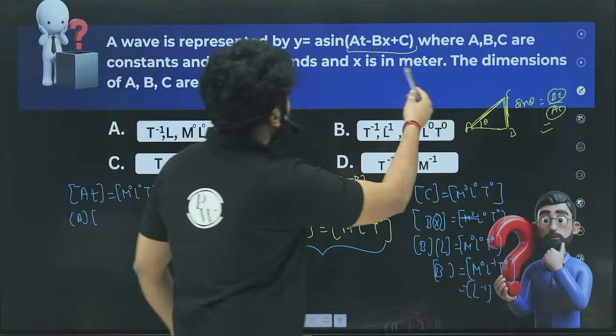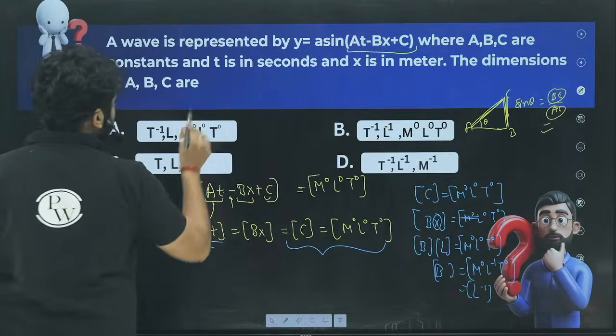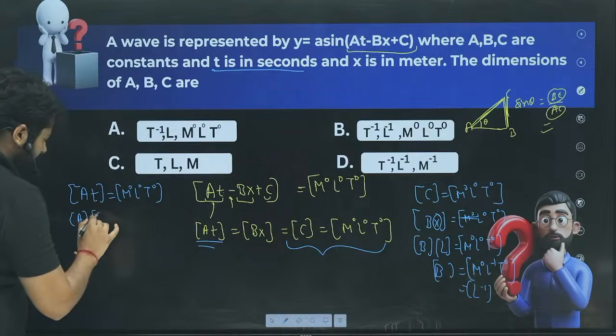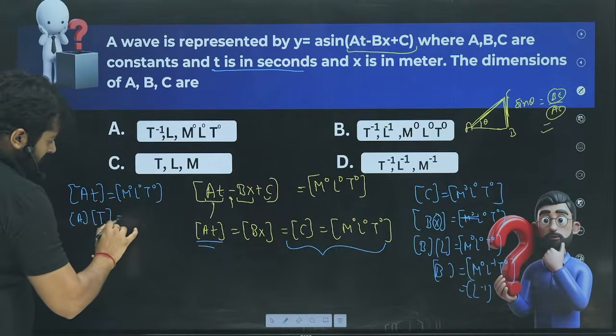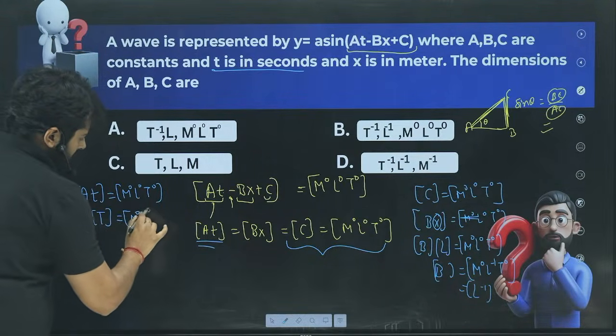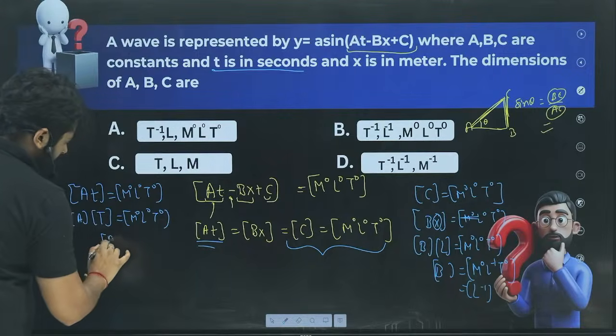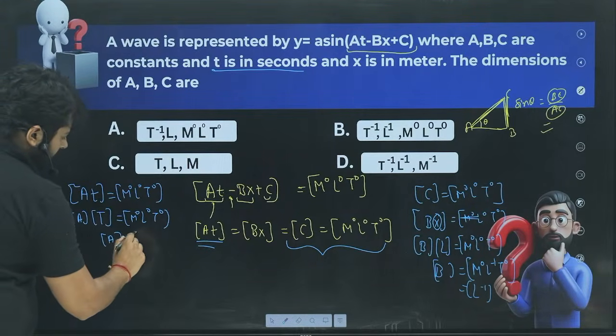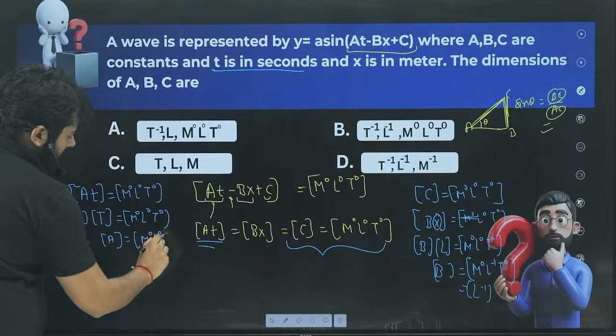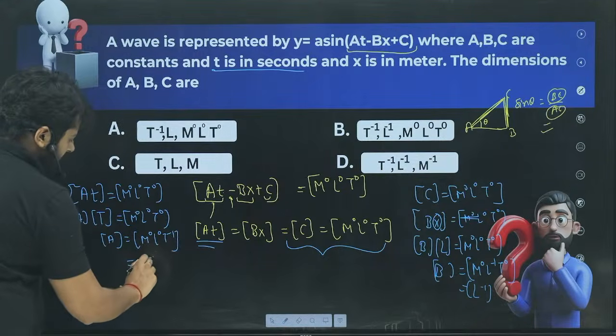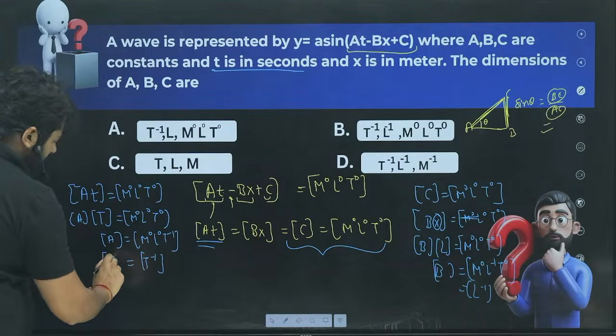It is written T is in seconds. So clearly T is in seconds. So the dimension of A, T will go on the other side. It will be M0, L0, T minus 1 or simply T minus 1. This is the dimension of A.